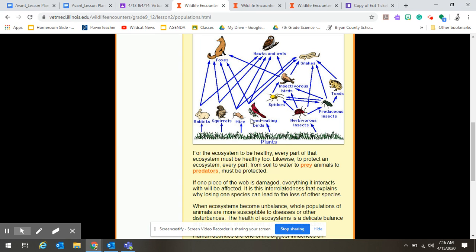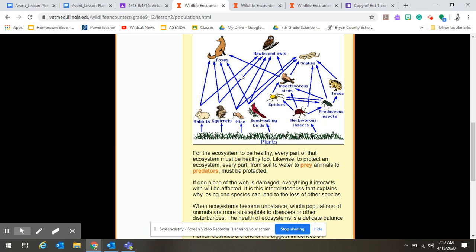Because right here we've got a primary consumer, and then the hawks and owls in this way would be a secondary consumer. But if you look over here, you've got 1, 2, 3, 4, so it'd be quaternary. It's at the very top, the fourth level. It just depends on which way and which chain you're looking at within the web. So this is a chain, and this is the whole web.